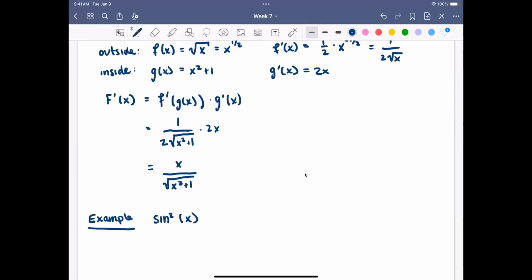I think there are 2 strategies you could use to take the derivative of this. One would be to use the product rule, thinking of this as sine x times sine x. And the other one would be to use the chain rule, thinking of the outside function as the squaring and the inside function as sine x. So we'll do it both ways and just see that we get the same thing.